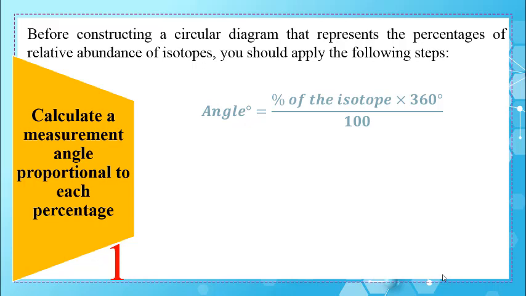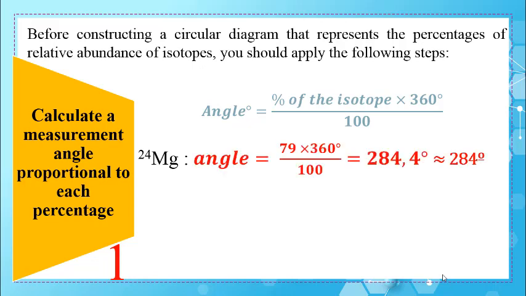Let's apply it to the three magnesium isotopes. Mg-24 has a percentage of relative abundance of 79%. That means the angle corresponding to Mg-24 is equal to 79 times 360 over 100, which equals 284.4 degrees, approximately 284 degrees.